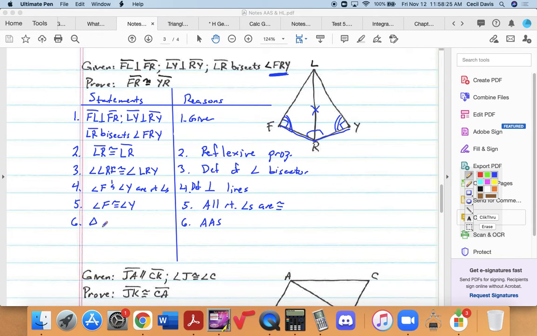And if I name the first triangle FLR, how do I have to name the second triangle? YLR. And then segment FR is congruent to segment YR by the definition of congruent triangles.